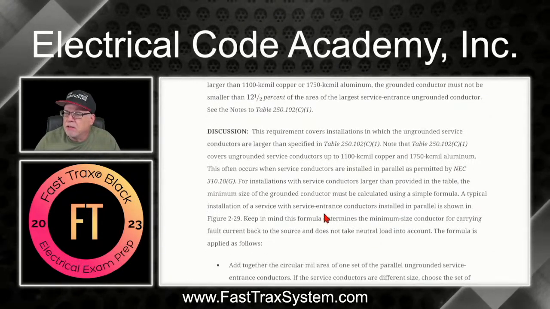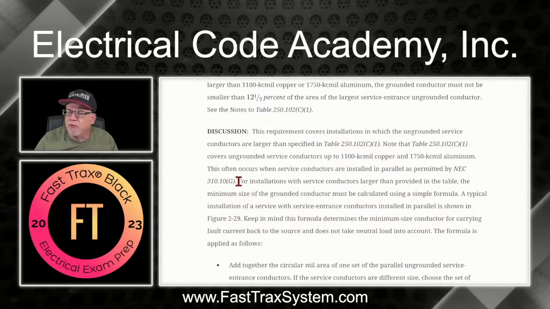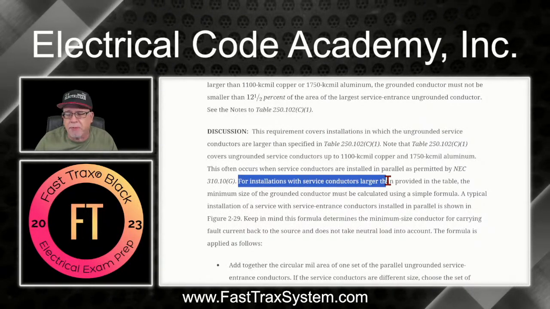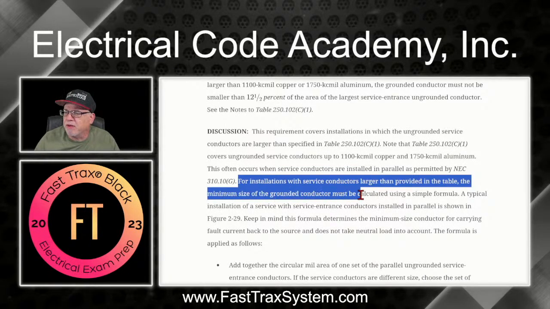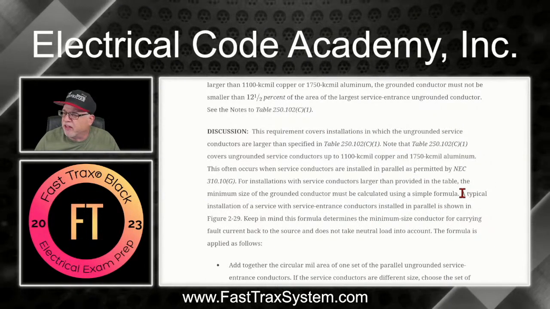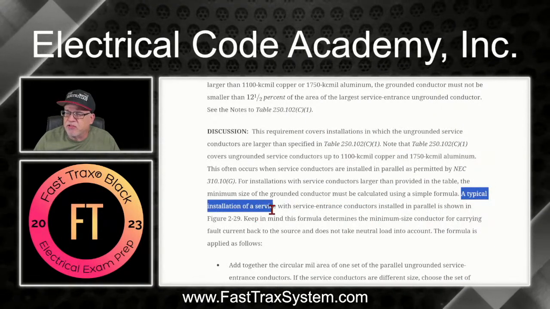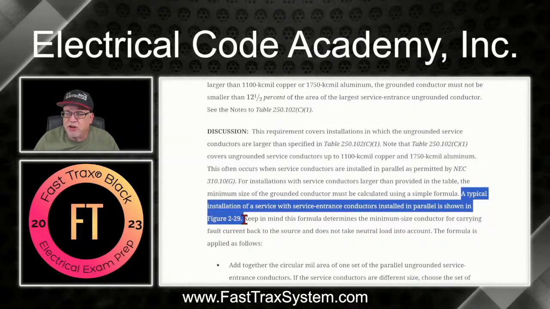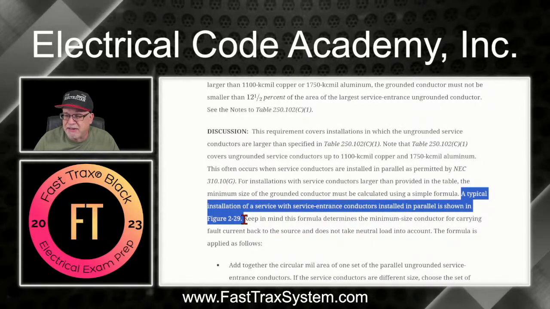All right, now, let's see here. So for installations with service conductors larger than 1100 copper or 1750 aluminum, the minimum size of the grounded conductor must be calculated using that basic simple formula, 12.5%. The typical installation of service with service entry conductors installed in parallel is shown in Figure 2-29. So we're going to look at that figure.